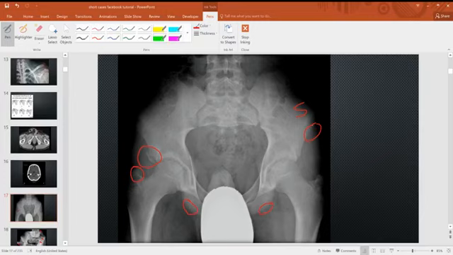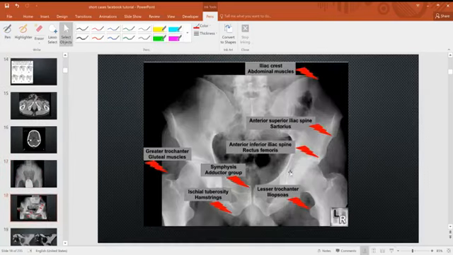This is the sartorius muscle attachment here, and here it is the hamstring muscle, and to the pubic it is the adductor muscle, and to the iliac crest the abdominal muscle. So these are the muscle attachments, and at the ischial tuberosity, the hamstring muscle.